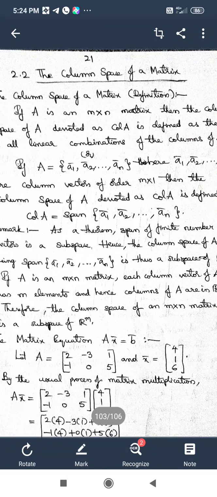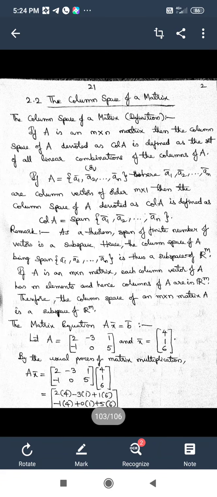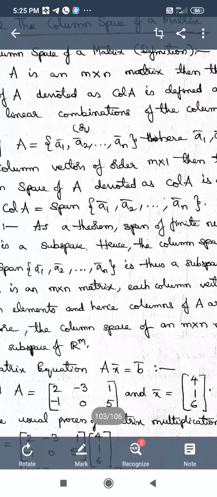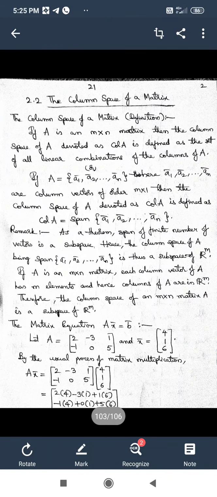Even if the set consists of a finite number of vectors from a vector space V, then also we can say that the span of those vectors forms a subspace of the given vector space V. And that is how, as our COL A is also the span of a1 bar, a2 bar, so on an bar, we can apply this theorem here and say that this span is a subspace of Rm.